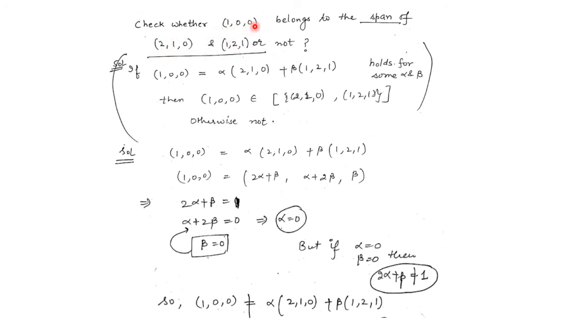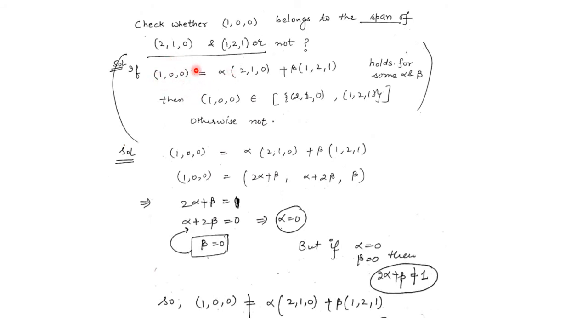Now we have to check whether 1 0 0 belongs to this span or not, means 1 0 0 can be written as alpha times this plus beta times this. So we will get three equations by comparing each coordinate, right? If we can find the values of alpha and beta, then this belongs to the span of this.